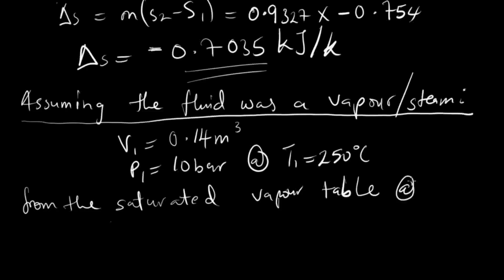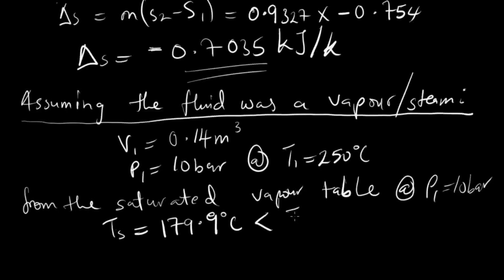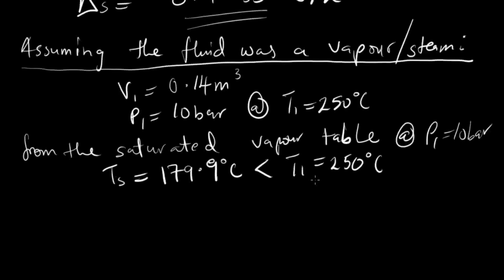You notice that the saturated temperature at pressure 10 bar, Ts, is 179.9 degrees C. So this temperature is lower than T1, which is equal to 250 degrees C.